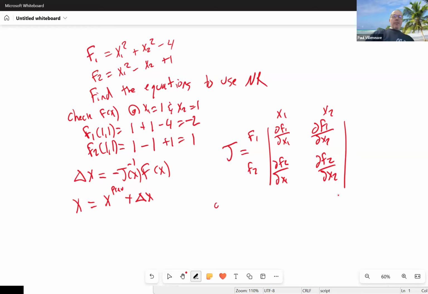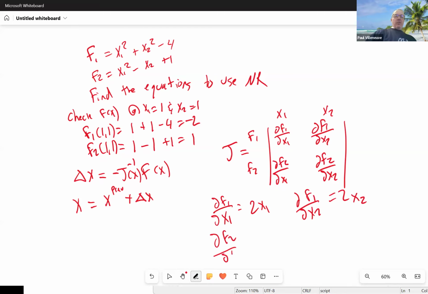So the first one I'm going to do, just the first one that's in order, the partial of f1 with respect to x1 is 2x1. The partial of f1 with respect to x2 is 2x2. The partial of f2 with respect to x1 is 2x1.